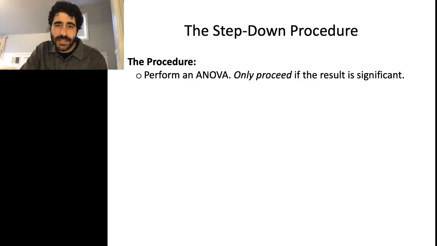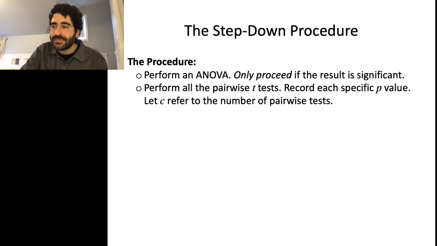If the ANOVA is significant, then we continue. We perform all pairwise t-tests between every pair of groups. If we have 3 groups, this would mean doing a t-test between groups 1 and 2, 2 and 3, and 1 and 3. If we have 4 groups, then we'd be doing 6 tests: 1-2, 1-3, 1-4, 2-3, 2-4, and 3-4.